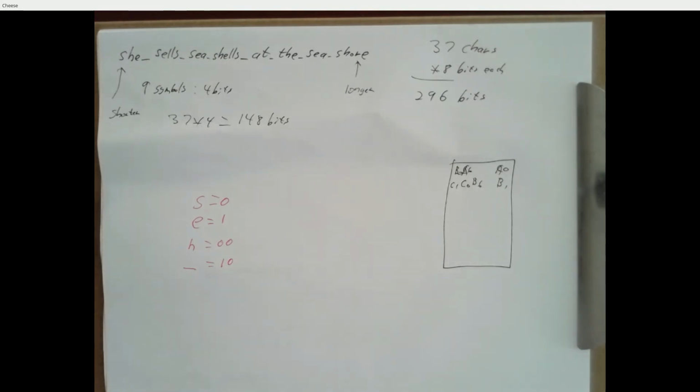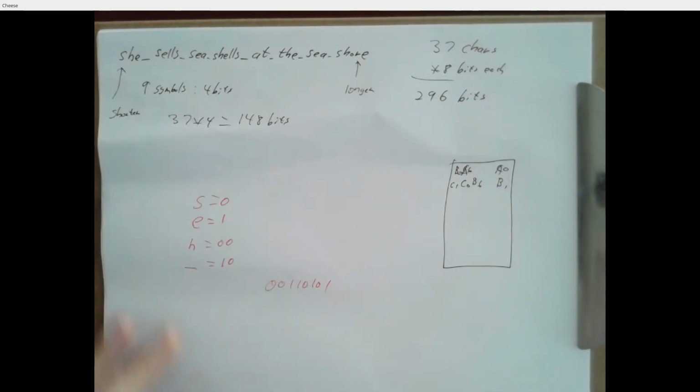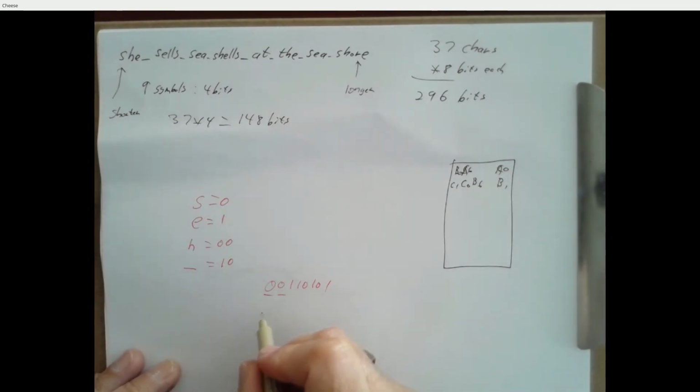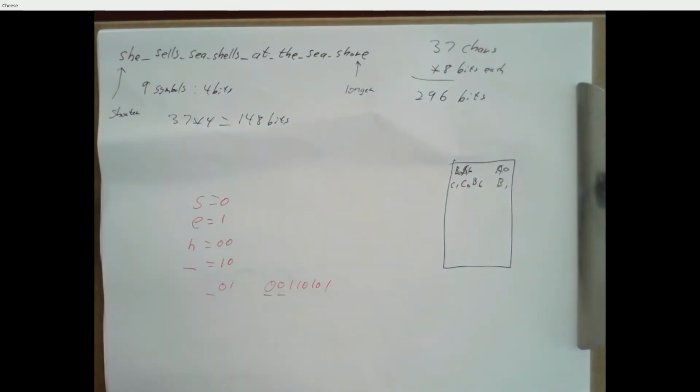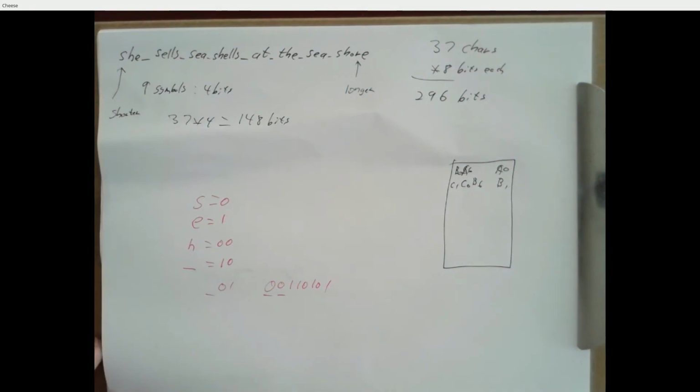S and H share the same start. There's no way to know what this is, because I've got a 0 followed by a 0. Well, this could be 2 S's, or it could be an H. Or if I've got something else with a code of 0, 1, it could be an S followed by whatever that symbol is. So if you're going to do this, you've got to be careful. You've got to make sure that your code is reversible.